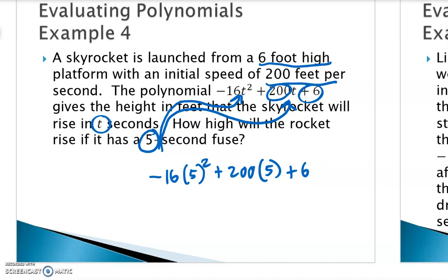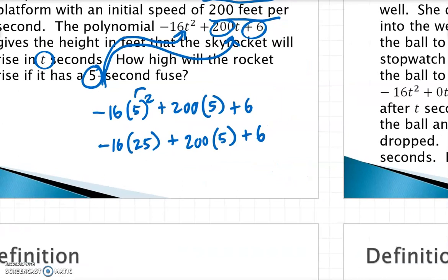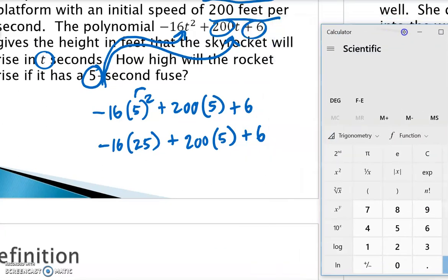Let's go ahead and evaluate. So we need to always do exponents first. So 5 squared means 5 times 5, which is 25. So we have negative 16 times 25 plus 200 times 5 plus 6. Let's take out our calculator, and that's going to help us calculate some of these.